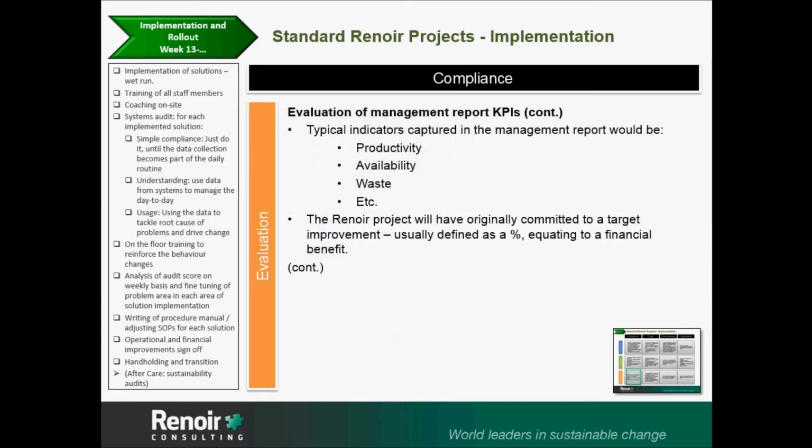Typical indicators captured in the management report would be productivity, availability, or waste. The Renoir project will have originally committed to a target improvement, usually defined as a percentage and equating to a financial benefit.